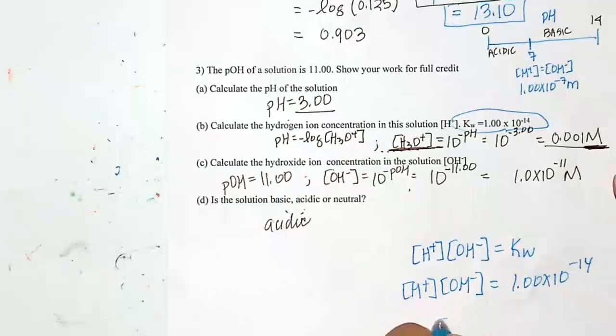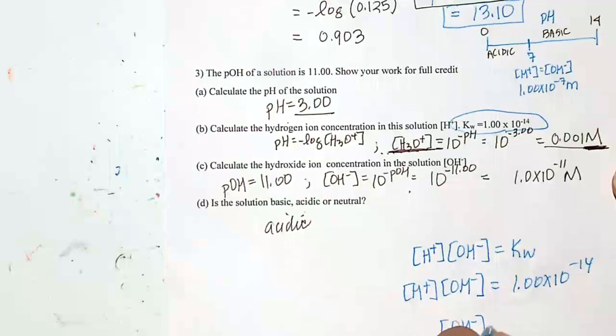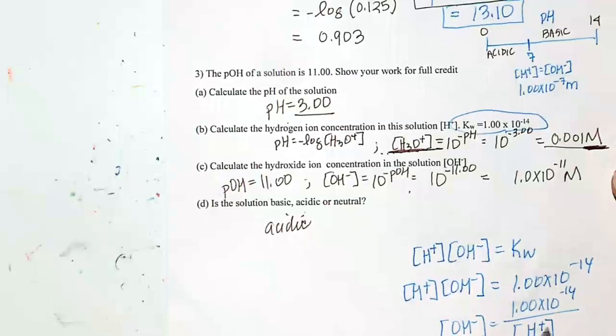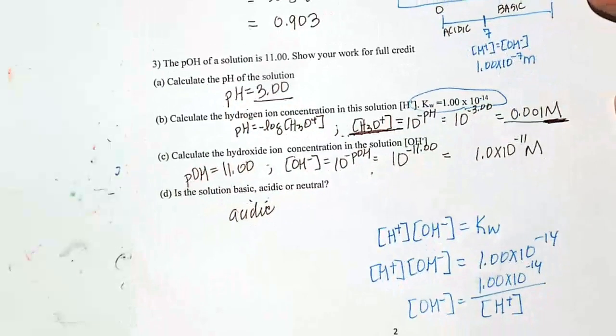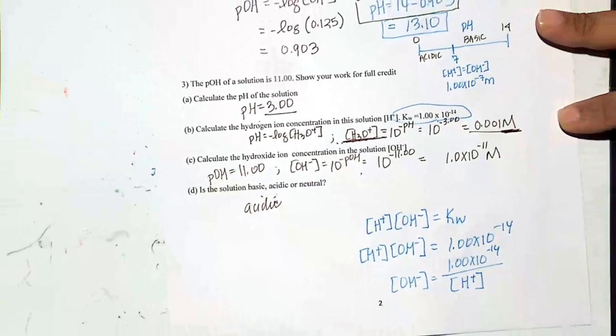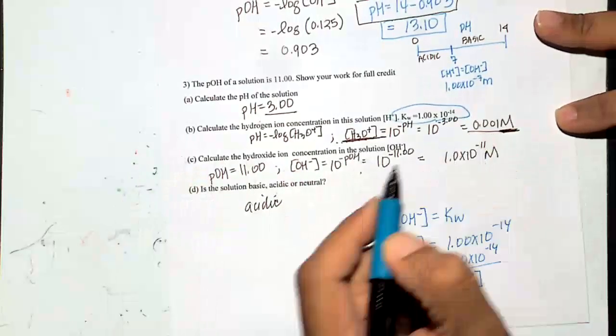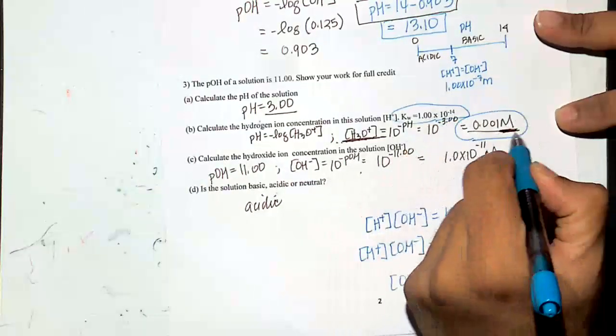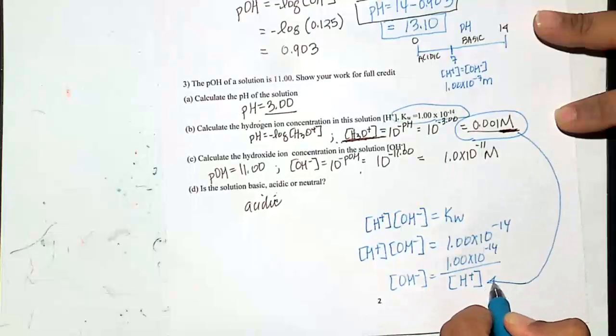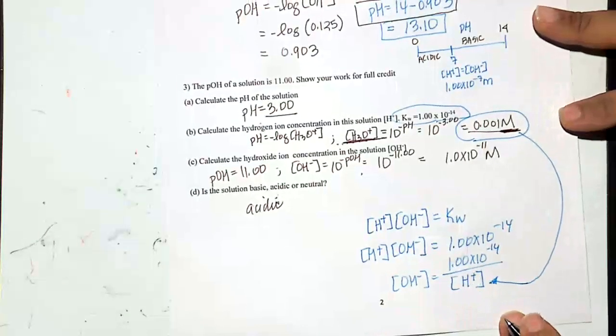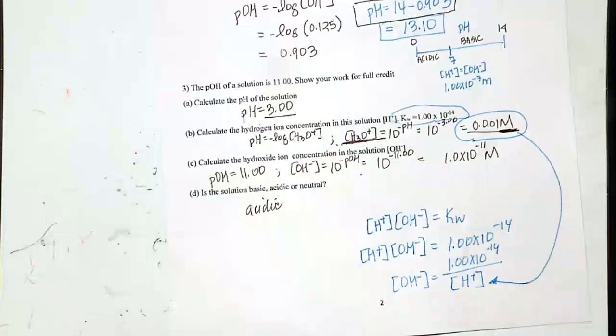You can use that equation and solve for OH minus, and we found in part B the H plus concentration is this. So that's another way you can do this exact same problem, or you can do Michael's way as well, which is also good.